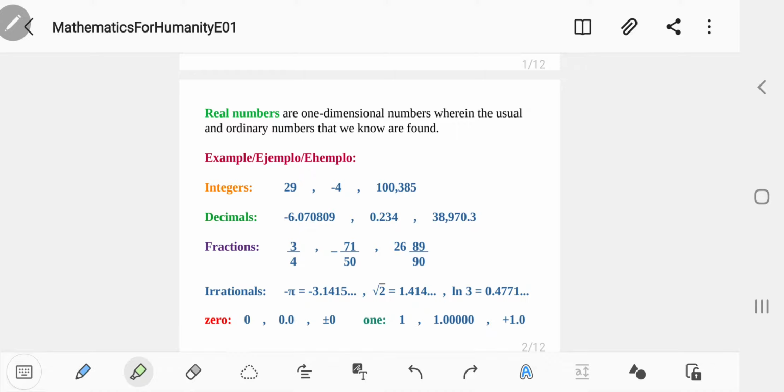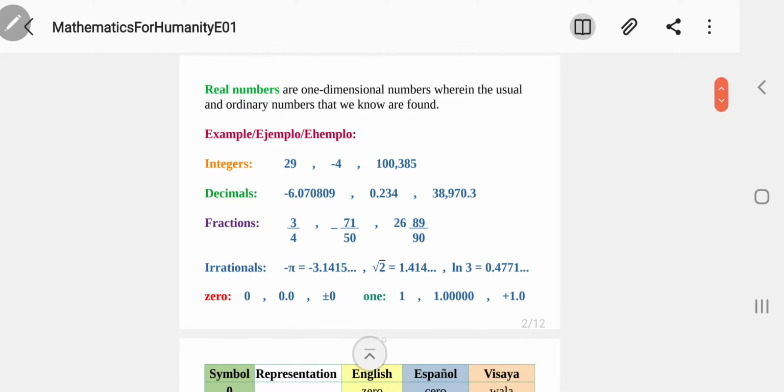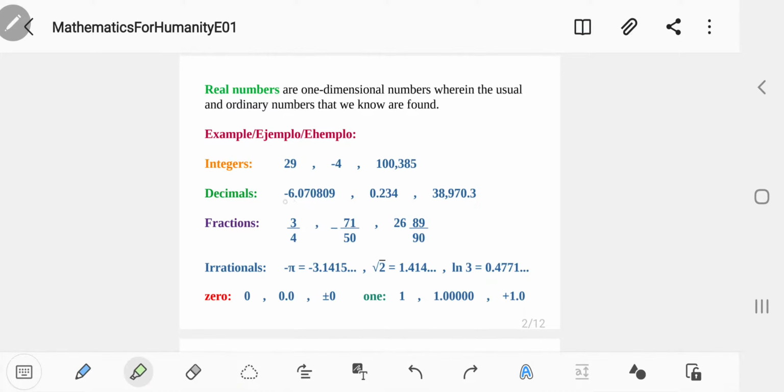There are other kinds, lahi nga klase nga numbers. These are called decimal numbers here. And decimal numbers are characterized by the decimal point that's found between the numbers. For example, we have negative 6.070809.